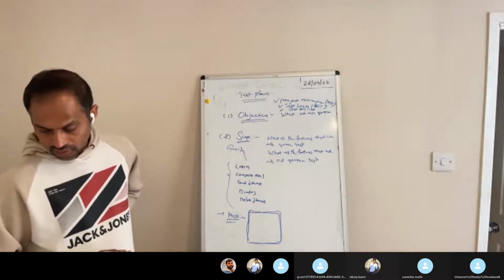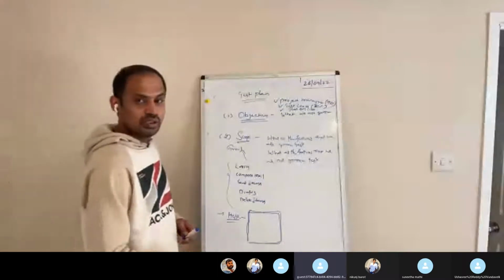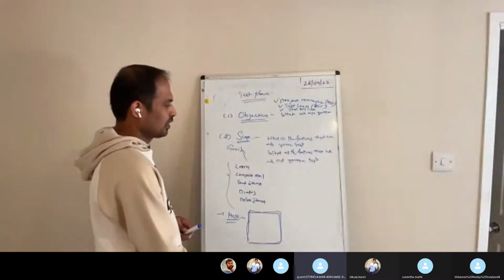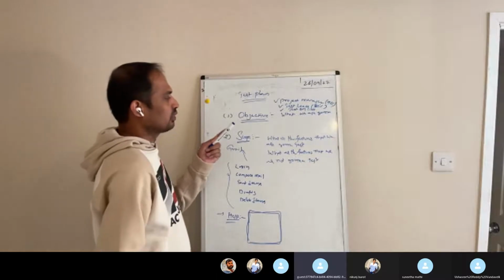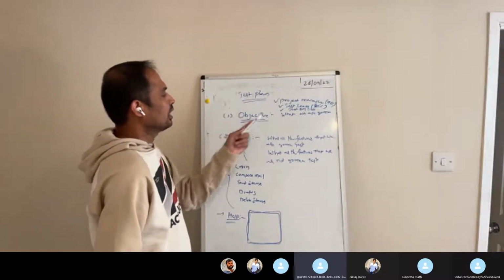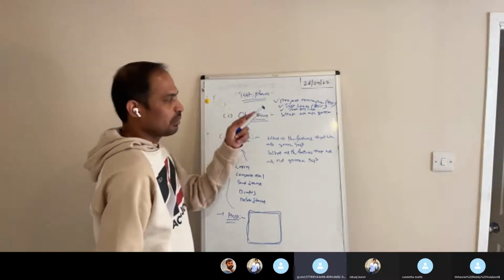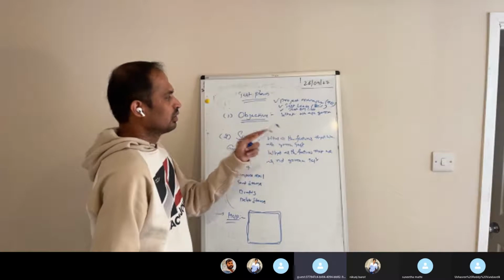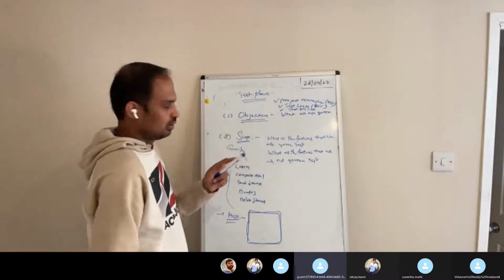Okay, I got it. First one is objective, the main aim of the project that we are going to do. So here the main aim of the project is to develop a Gmail application. That is the aim of the test plan.